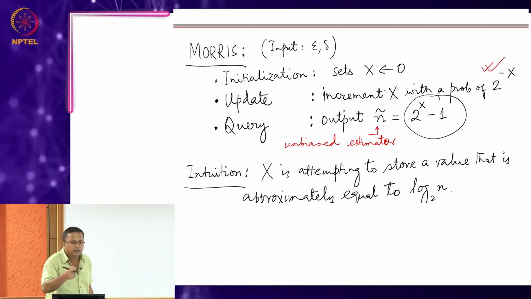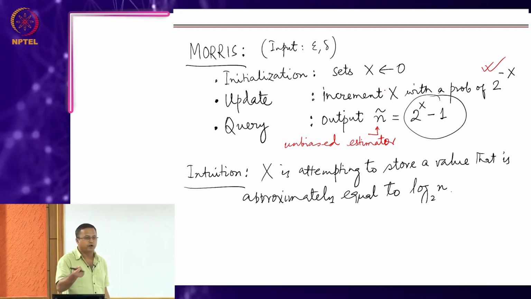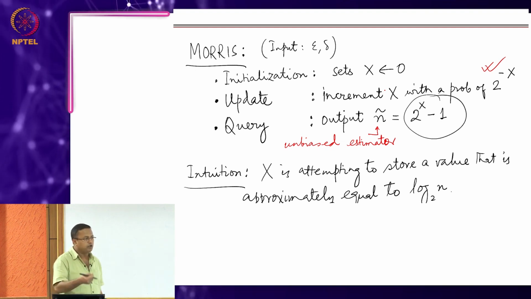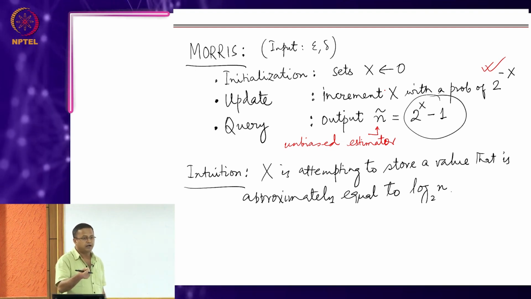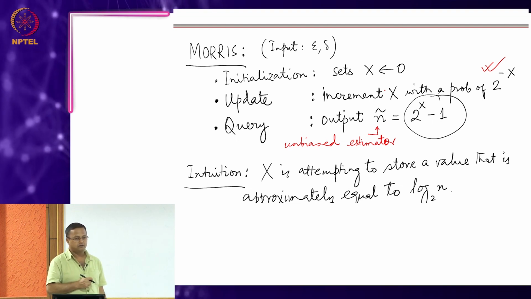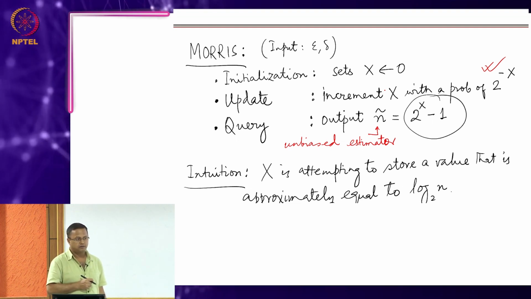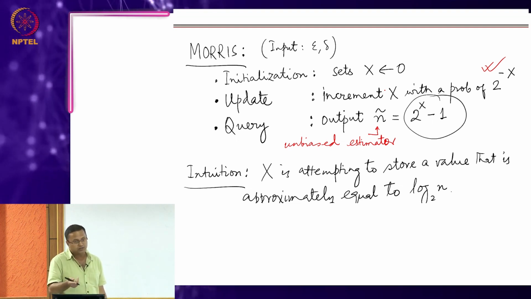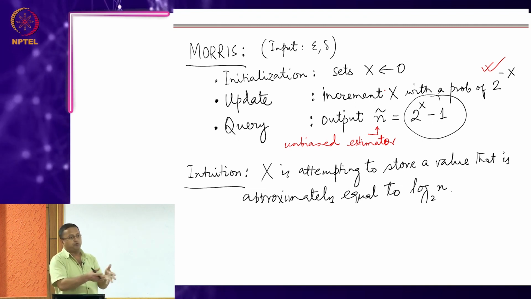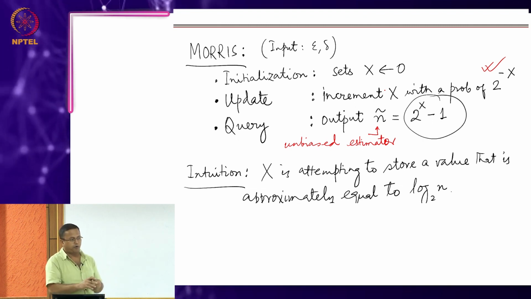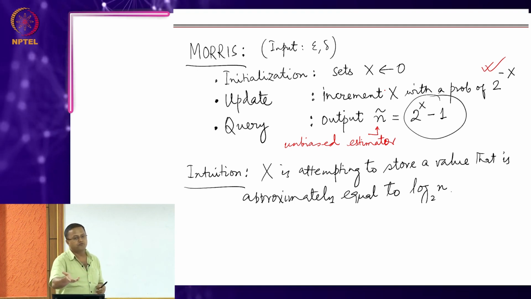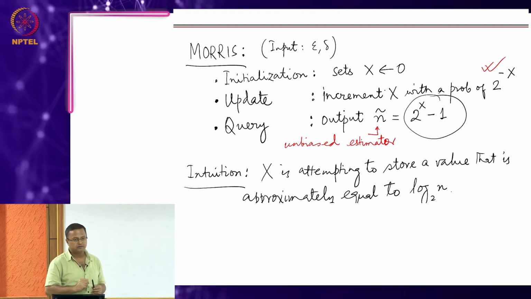So, the user will tell you what error probability the user wants. The user will tell you what approximate error the user wants. Based on that, if the user is asking for a very tight bound in terms of a very low error probability, then the space would obviously increase.